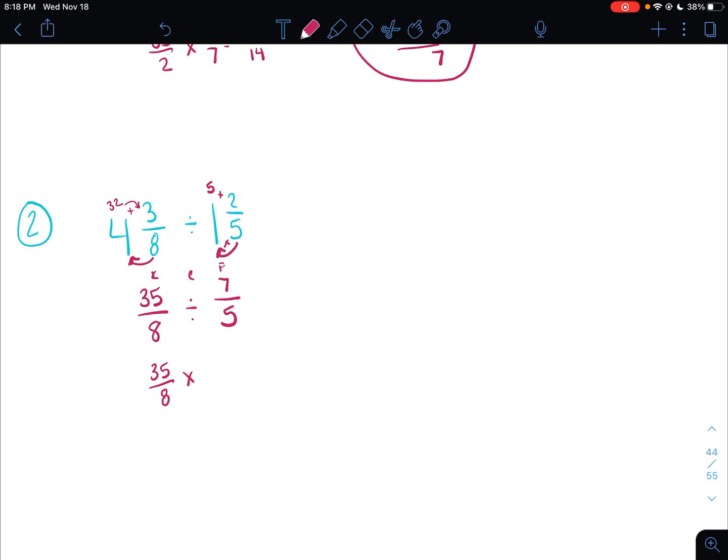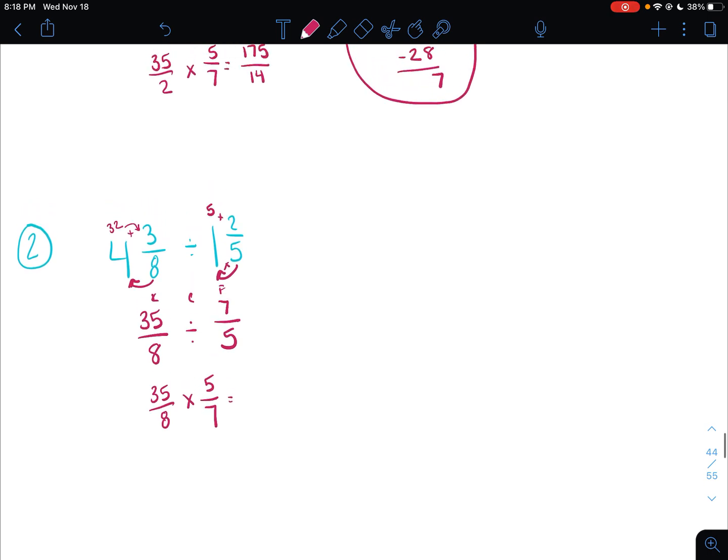Keep 35/8. Change division to multiplication. Flip 7/5 to get 5/7. Okay, so we're going to do 35 times 5, which we did earlier and got 175. And then do 8 times 7, which is 56.